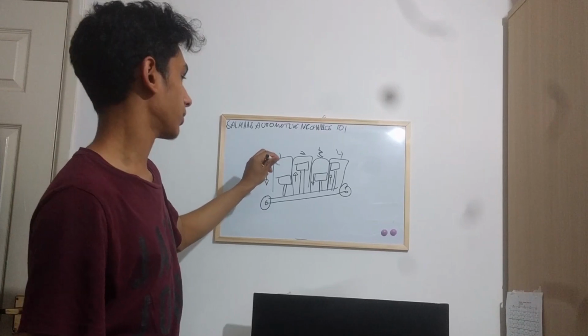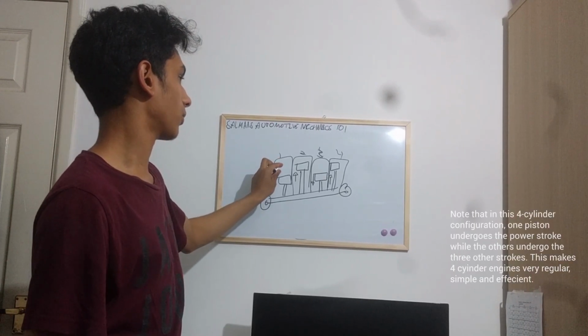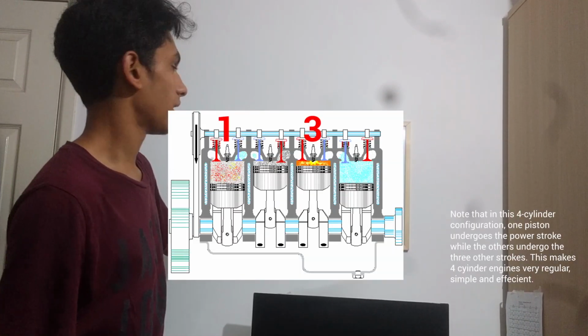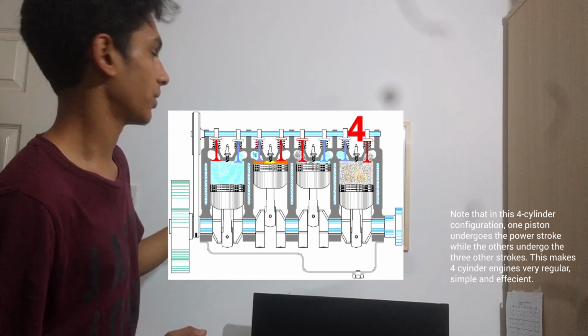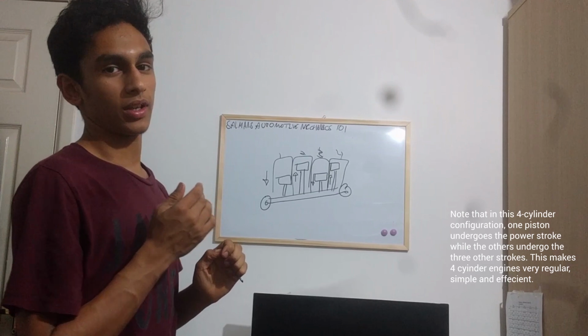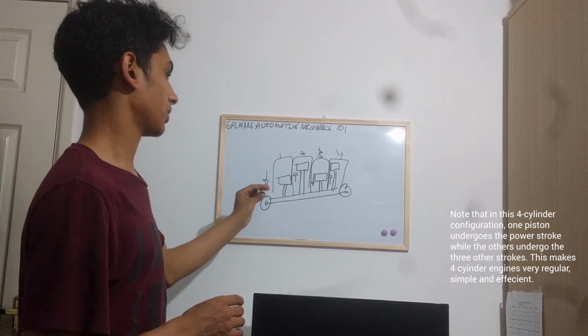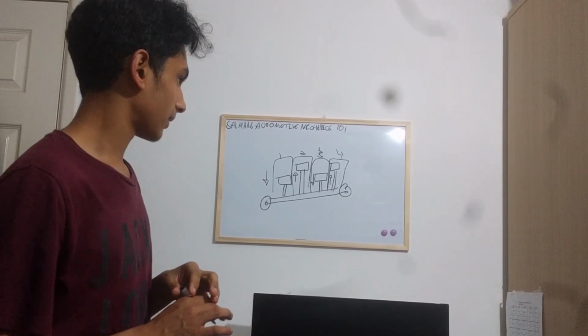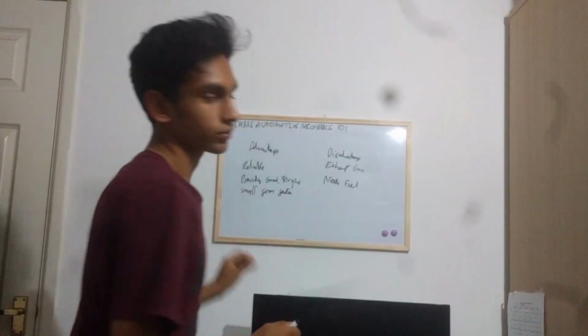So that firing order means this 1, 3, 4, 2 is the order they will have their power stroke. This provides a constant flow of torque to the wheels and the shaft.